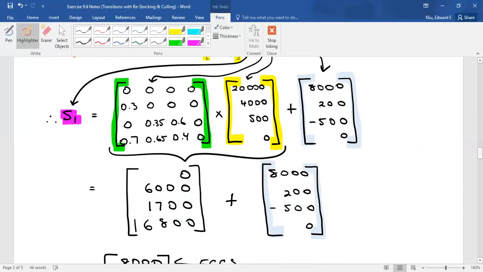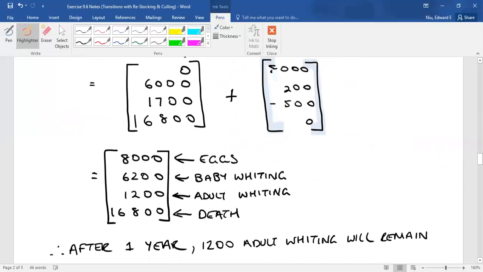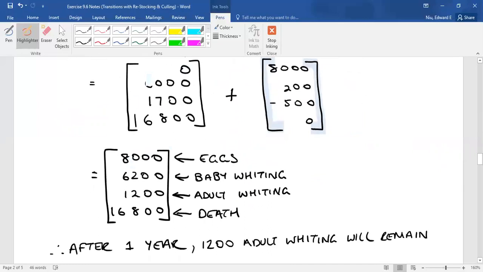matrices together. So what we have here is, well, 8,000 plus 0 gets us 8,000. 6,000 plus 200 gets us 6,200. 1,700 take away 500 gets us 1,200 because plus minus, the minus overrides. 16,800 take away 0 gets us 16,800. What did we just figure out?